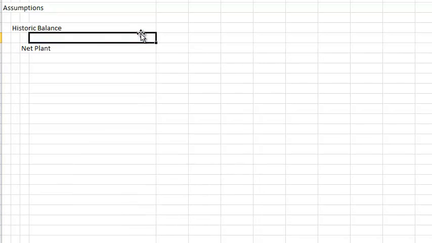Let's put some assumptions. The first thing we might start with is a historic balance sheet, and this is going to be ridiculously simple. Let's start with net plant and cash on our asset side.